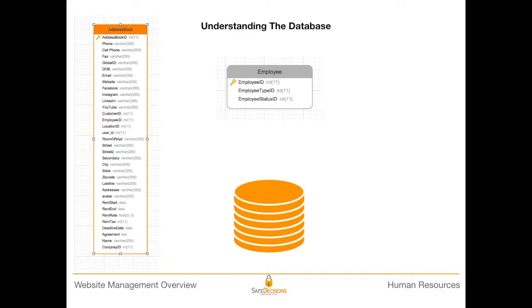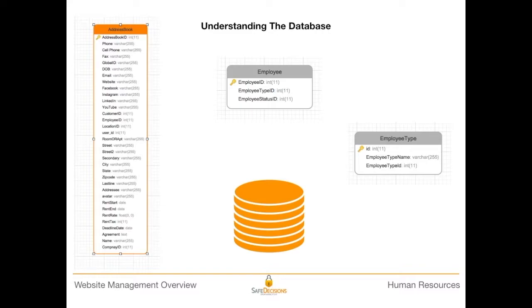Let's take a look at how this works. Each employee you add to the website is given an ID that is stored in a table in the database called Employee. That ID is then referenced in the address book table. The different types of employees are listed in another table in the database called Employee Type.